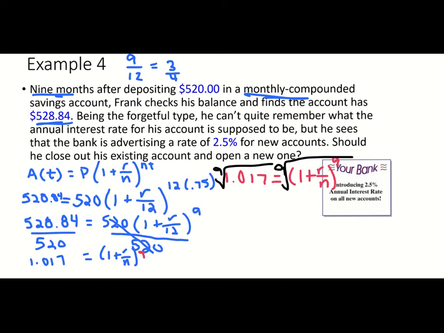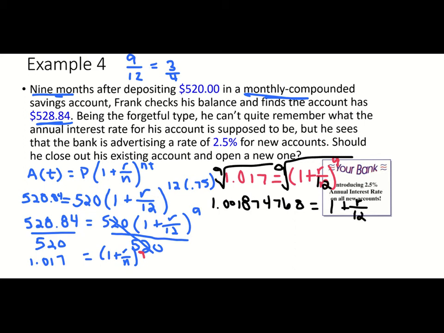1.017. And again, you don't want to round. It's going to give you a crazy wonky answer, but we're going to have 1.00874768 is equal to 1 plus r divided by, not n, but 12.